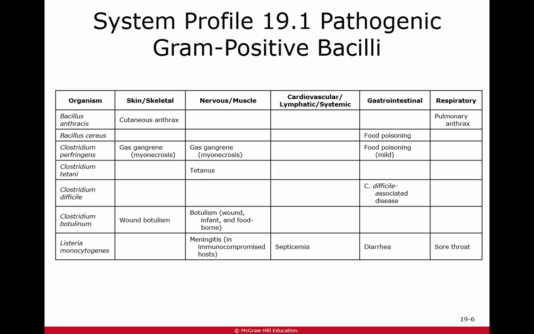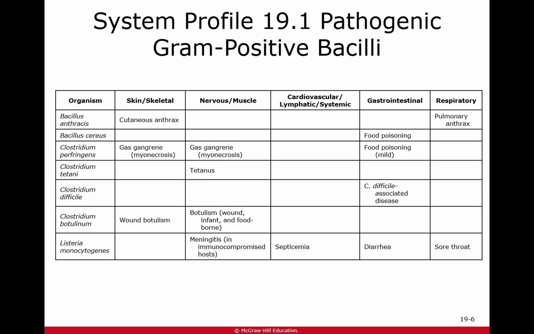Now, this is a table of gram-positive bacilli, and you see you've got Bacillus anthracis there that can cause cutaneous or pulmonary anthrax. Bacillus cereus, which we work with in here, food poisoning.